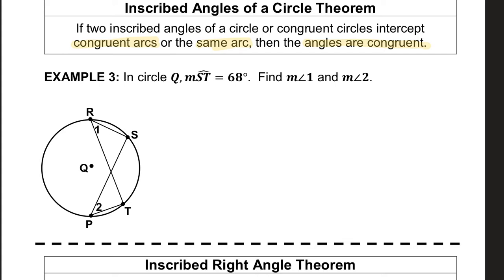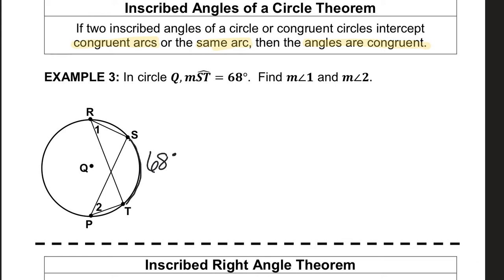So when we take a look at the first problem here, we're told that the measurement of arc ST, so right here, is going to be 68 degrees. It's going to play an important role. We want to find the measurement of angle 1 and the measurement of angle 2.